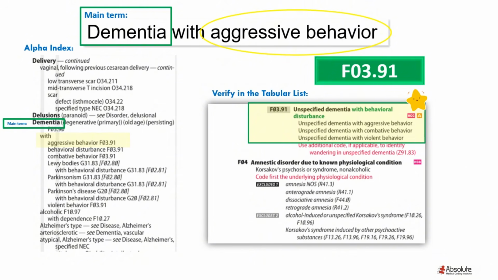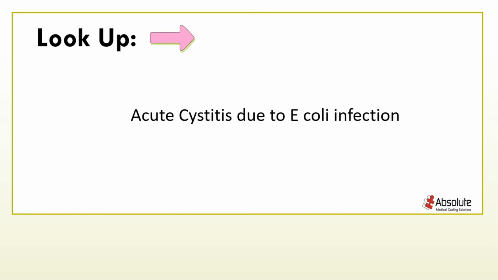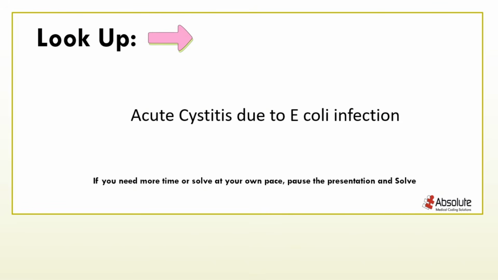All right, so we have one more to look up. That's it, one more, then you can take the ultimate break before part 2. Acute cystitis due to E. coli infection. Your time starts now.